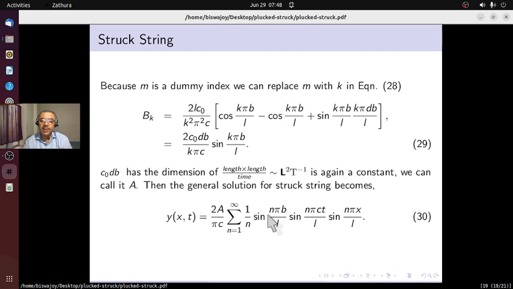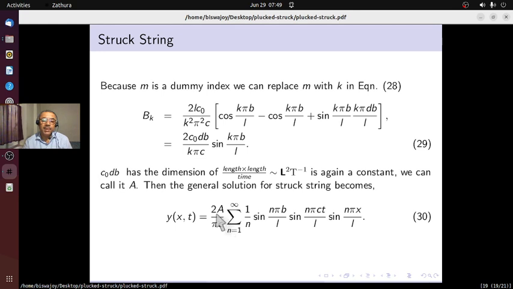And also there is this factor here, sin(n pi b by L). So if this factor is 0, that note will be absent. So n times b by L cannot be an integer. That means if I strike at such a b that n times b by L is an integer, that note will be absent from the sound.